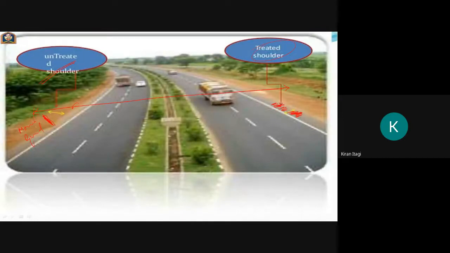This will be the right of way, which includes the carriageway width or width of the pavement, shoulders, side drain, side slope, and road margin.